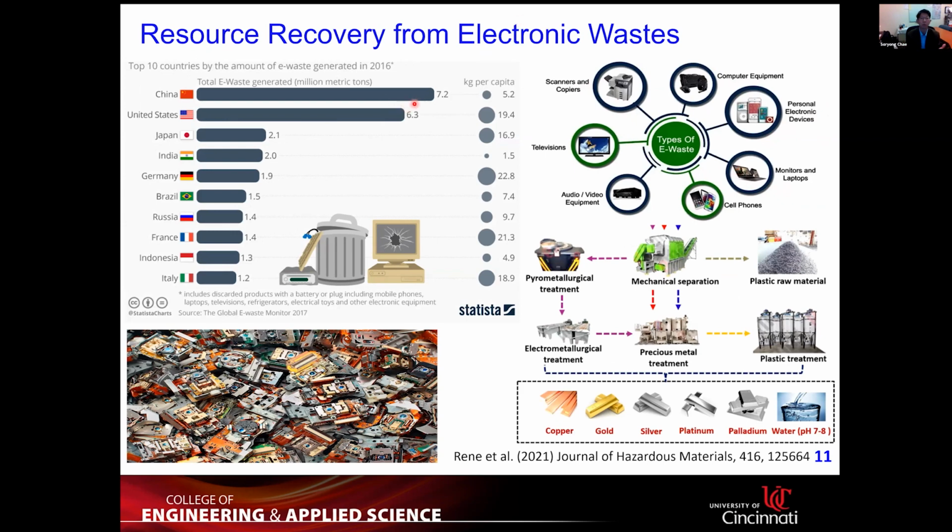China produced more than 7 million metric tons of electronic waste every year back in 2016. The United States is second, and there are other countries producing electronic waste too. And the problem is if we just waste this material and it goes to a landfill site, then that's the end of life of this material containing a lot of valuable materials.